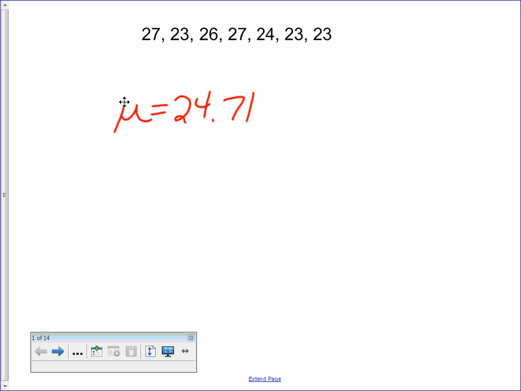But if I had a random number generator, I could pick 3 of these at random. Let's say I picked this one, and this one at random. They would have an X bar, but it would not be exactly the mean. Oops, sorry, I made a mistake in my math there.